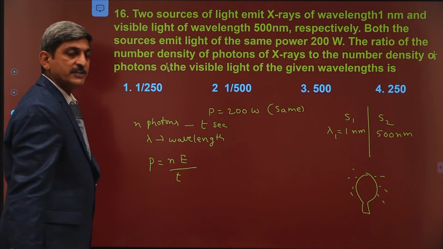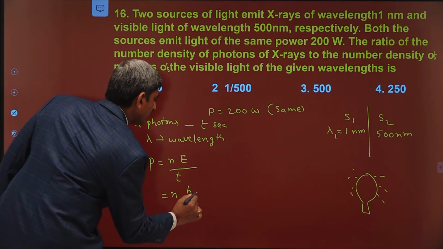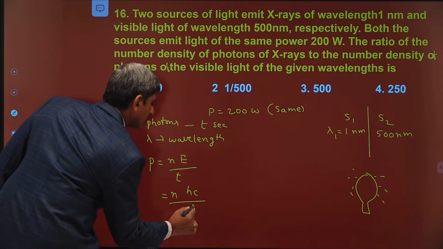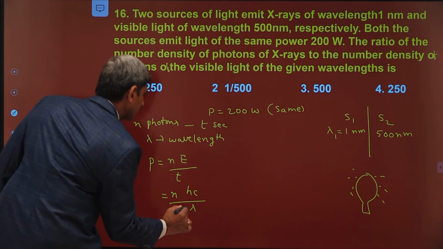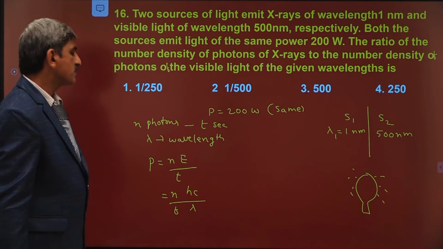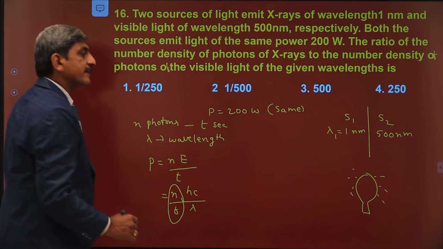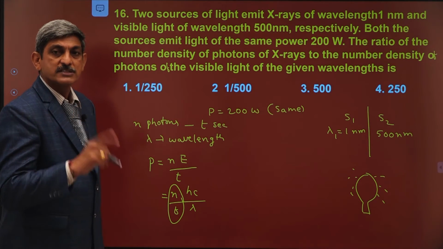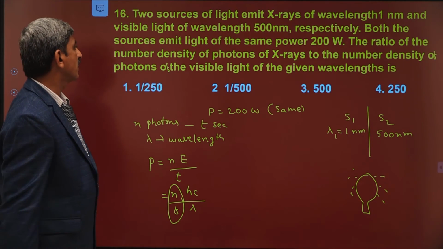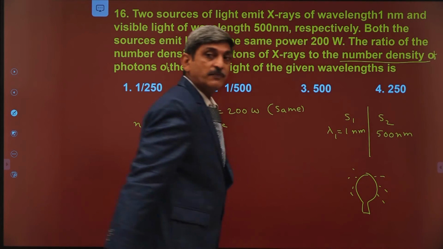Here E is the energy of each photon, which is equal to hc by lambda, so that the power of the source P is equal to N by t times hc by lambda. This N by t gives the number of photons emitted in 1 second, which is mentioned as the number density of the photons.